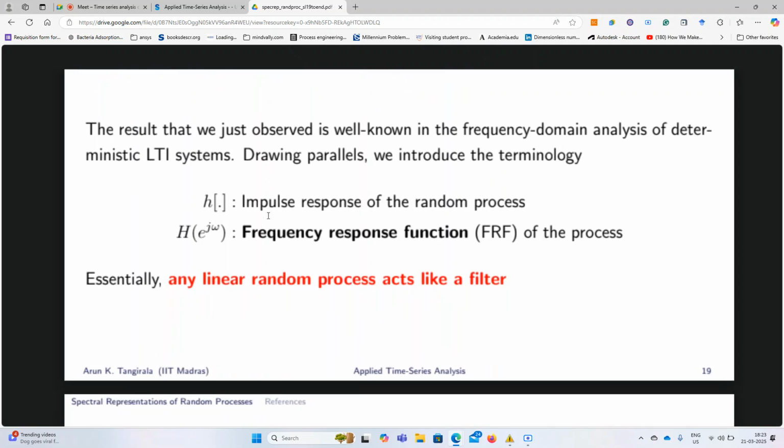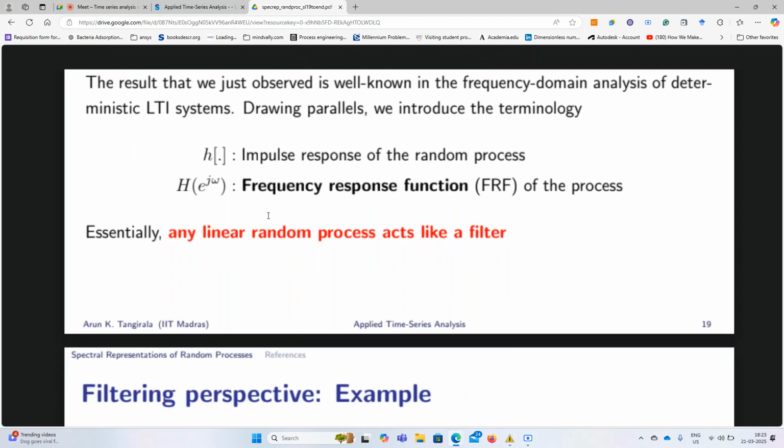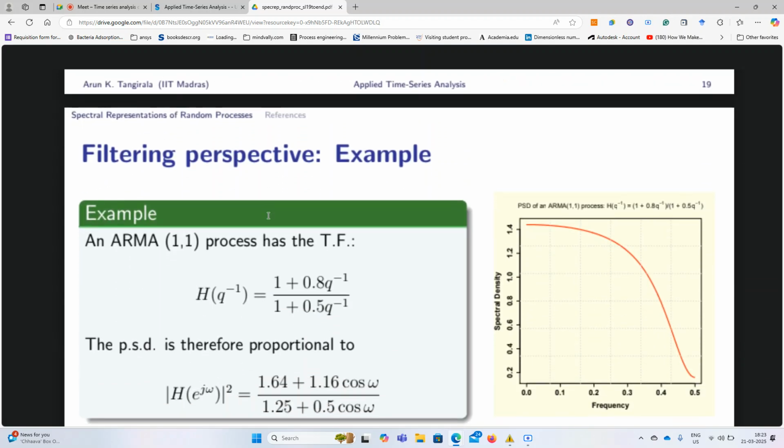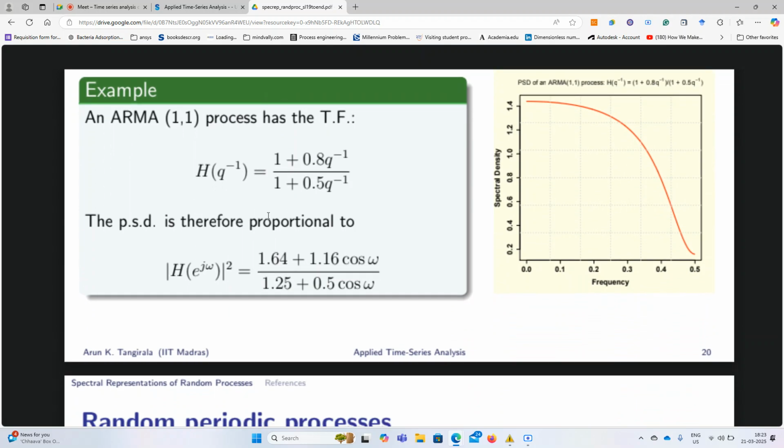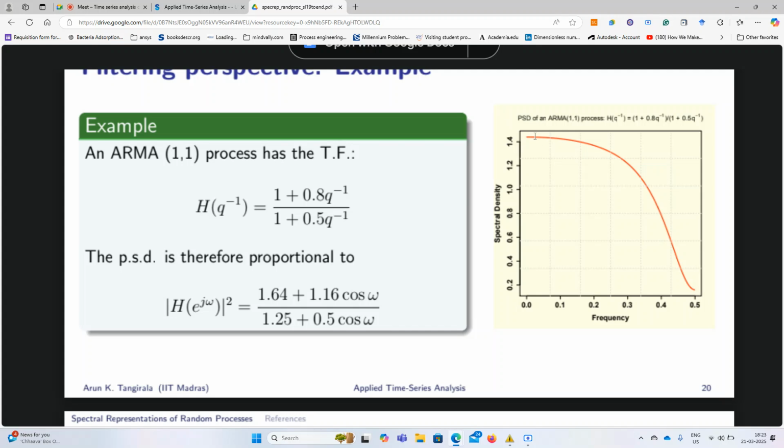So let's say h is our impulse response of the random process, and the frequency response function is h for a frequency of omega. Let's say we have this spectral density that decreases with frequency. For any signal that we have, what is the density of the frequencies?